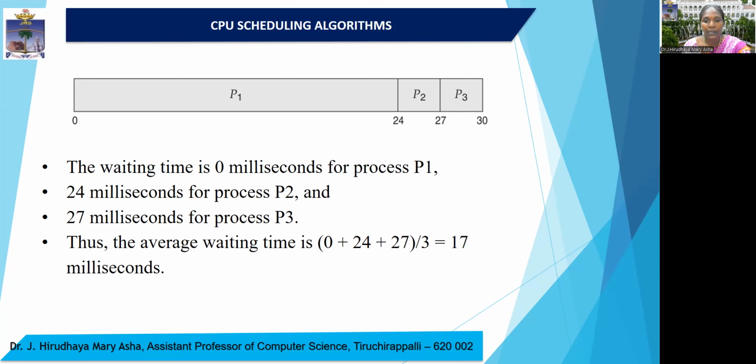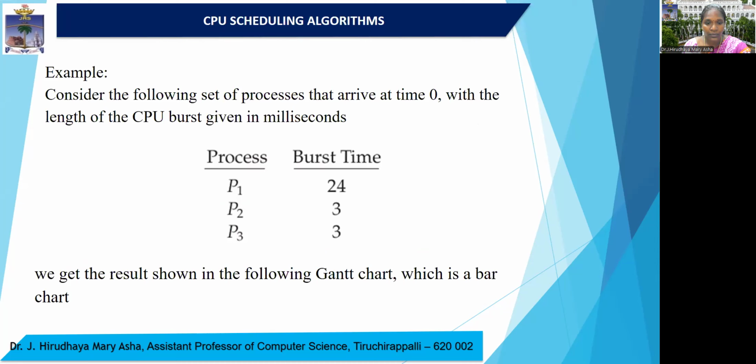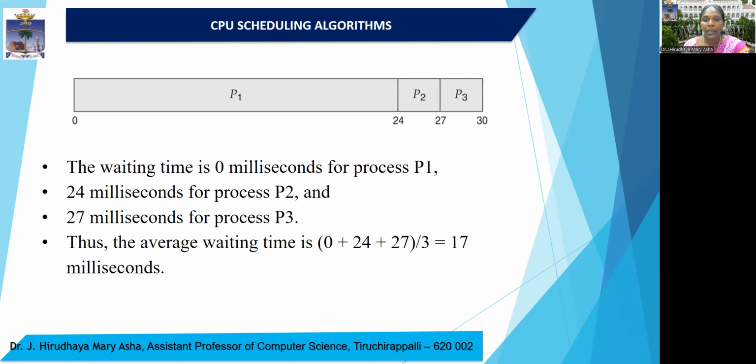In the previous example, we see that P2 and P3 require only 3 milliseconds for their execution. But for executing these 3 milliseconds, P2 and P3 have to wait up to 24 milliseconds, because the FCFS scheduling algorithm uses the policy that the process which arrives first will get the processor immediately.